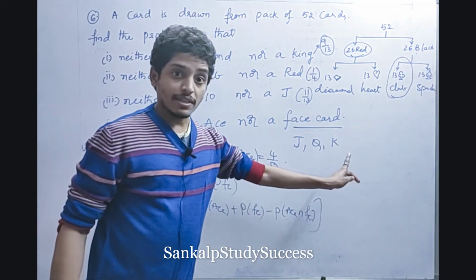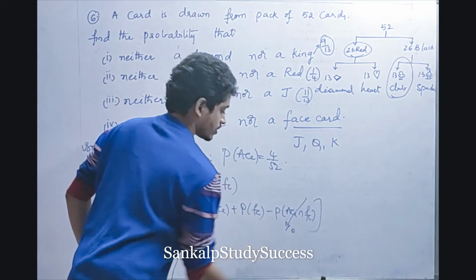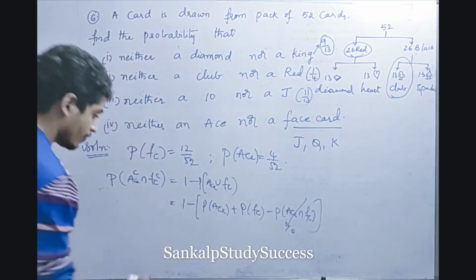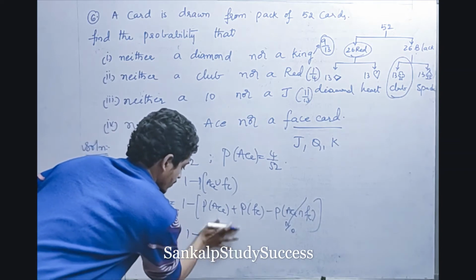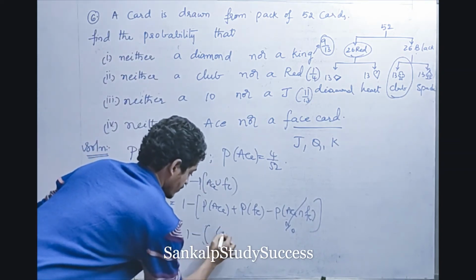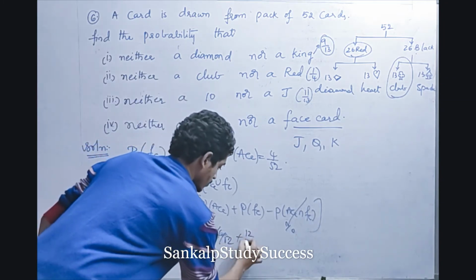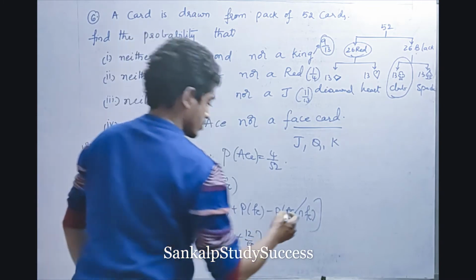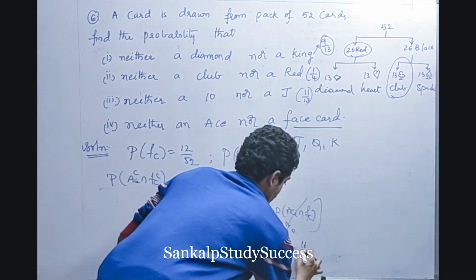Ace is not a face card. So ace does not belong to this face card. So this intersection is 0. These two are mutually exclusive events. Now 1 minus P of ace. What do you mean by P of ace, how much is there? 4 by 52. So 4 by 52 plus P of face cards is 12 by 52. Right or not? Yes. So what is the value that we are going to get? 16 by 52. 1 minus 16 by 52.